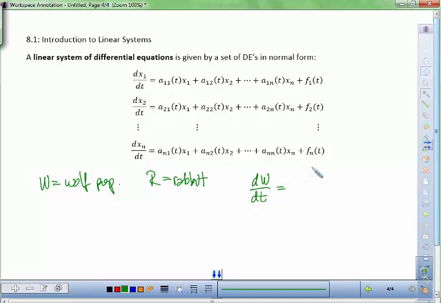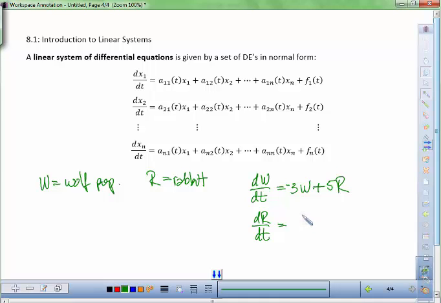I'm just going to make up some numbers at this point. Let's put a -3W and +5R. And then the rabbit population changes with respect to the amount of population for the wolves and the rabbits.